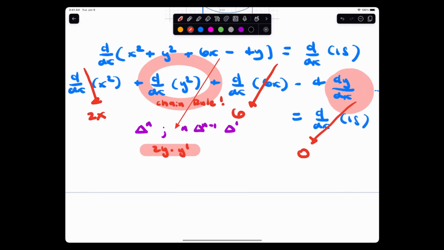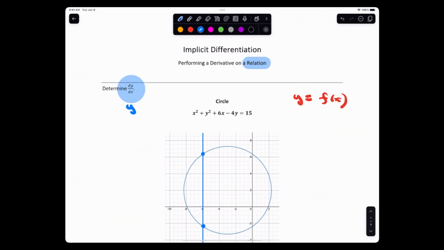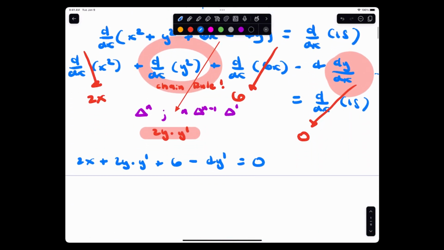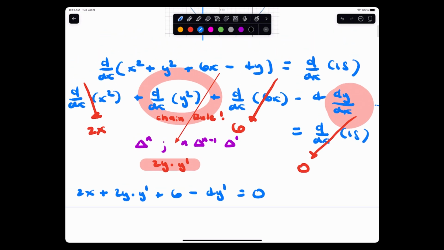Now let me put all the details together: 2x plus 2y times y prime, plus 6 minus 4y prime equals 0, because that dy dx is y prime, ladies and gentlemen. So far, so good? That's your step 1.